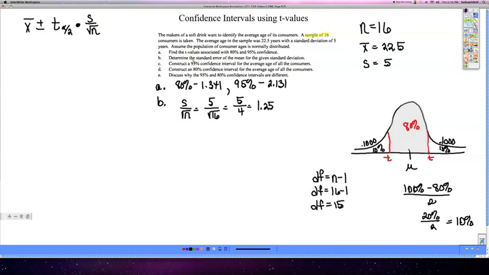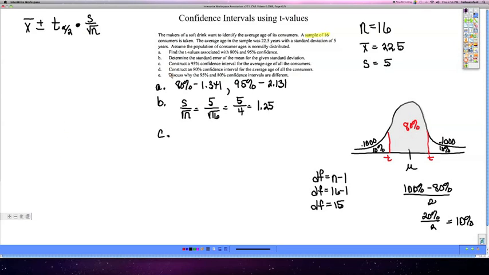Essentially on these problems, in part A, we're figuring out what the t-scores are. In part B, we're calculating the standard deviation divided by the square root of n. And in part C, we're just putting it all into this formula.